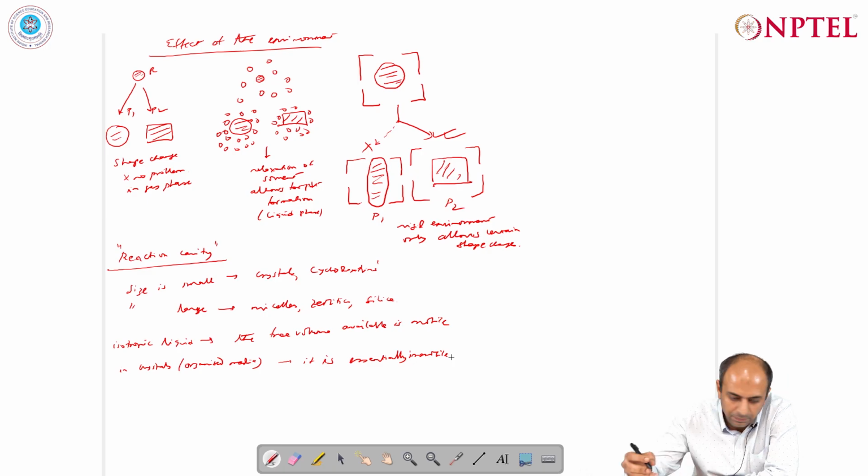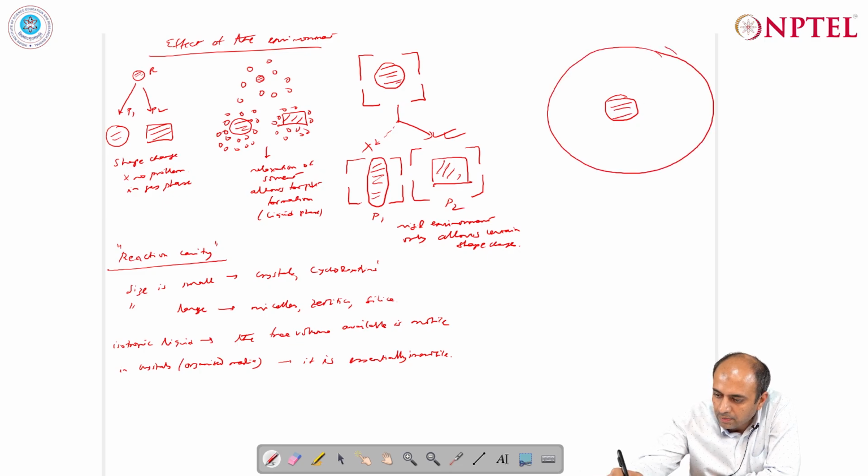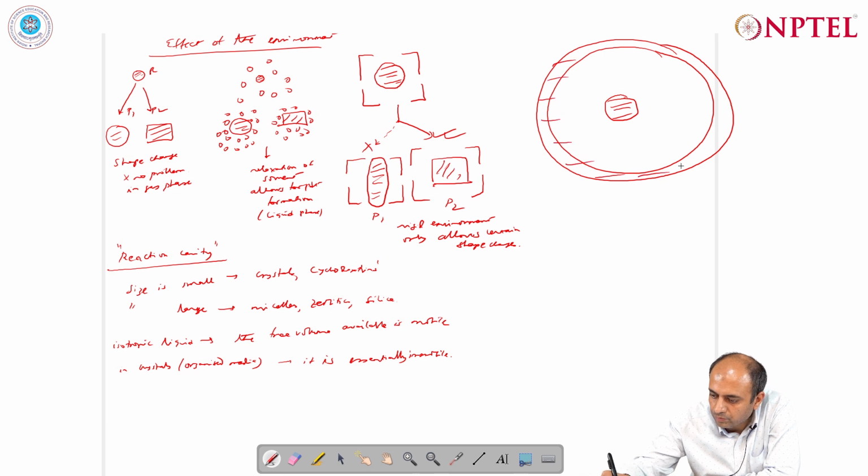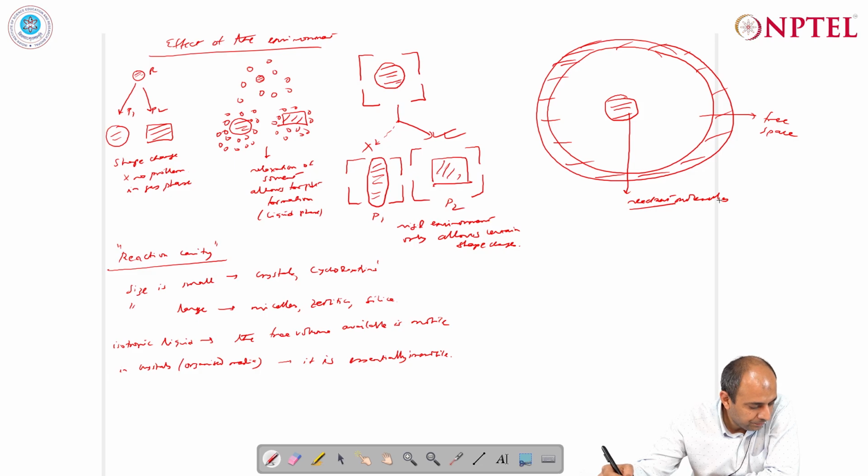So let us look at this particular representation. We have got the reactant molecule, and this is the free space which is available for the reactant molecules to interact with each other.